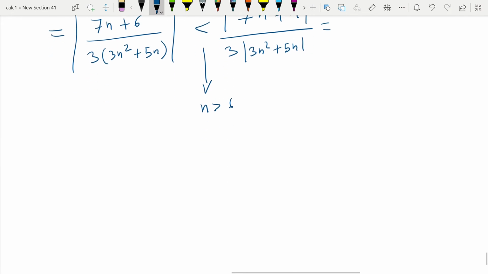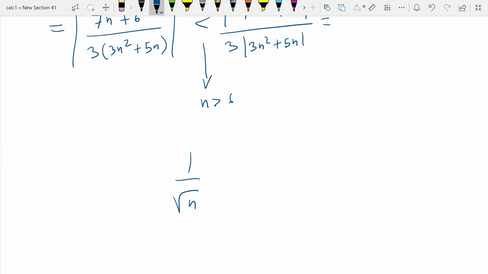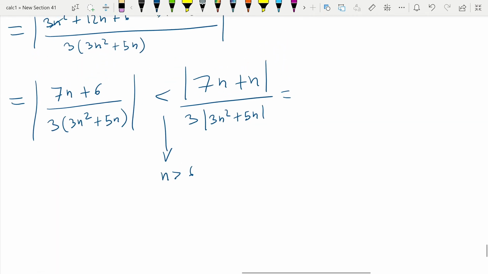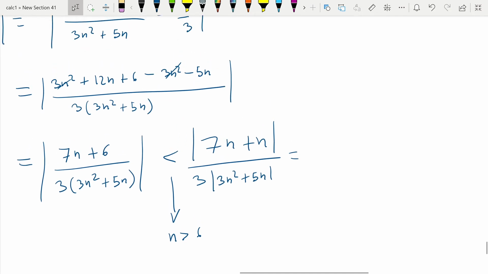Before, in the previous example, we just had 1 over square root n smaller than epsilon, so you just turn this into a statement saying that n has to be greater than 1 over epsilon squared, because you can solve for n. Here, solving for n will be very impractical, and it will be virtually impossible if we use polynomials of, say, degree 5.